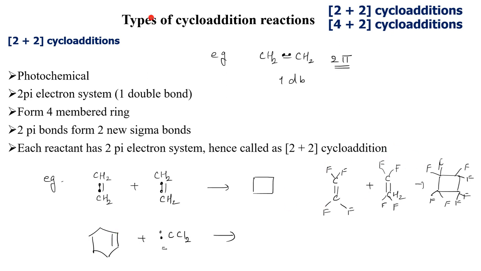And here, because one of the reactants is slightly different from what we have studied over here, but what basically is going to form is a ring system between these two electrons. So this is what you get. These are some different examples that I'm showing you for this type of cycloaddition. Then I'll show you one more version of this. Let me just erase this.